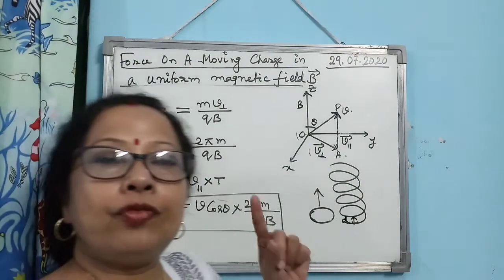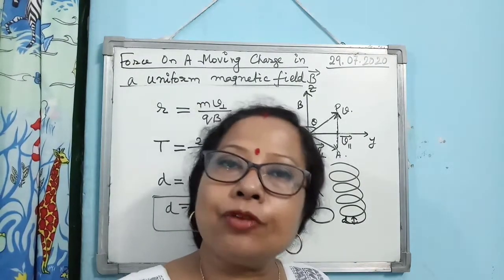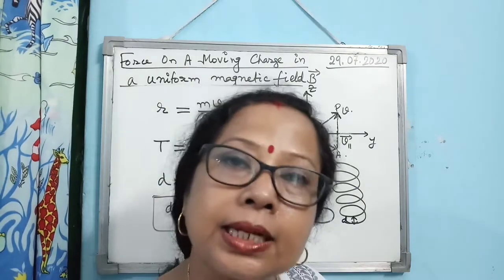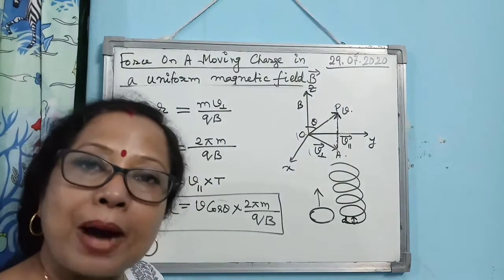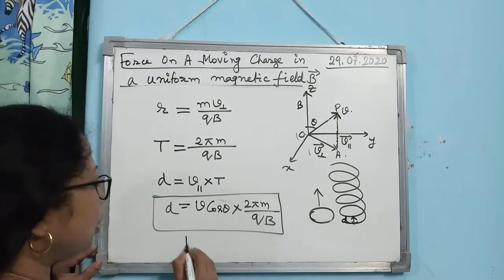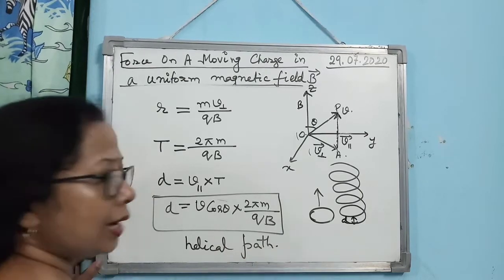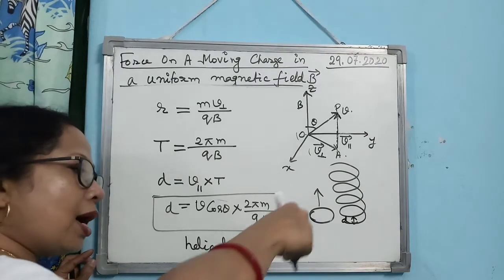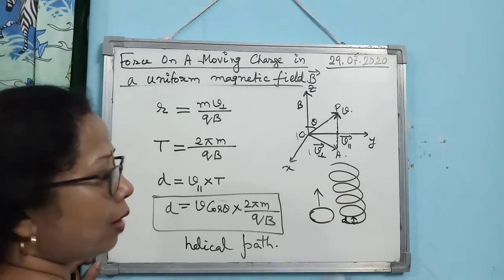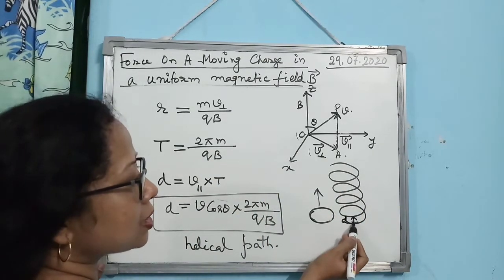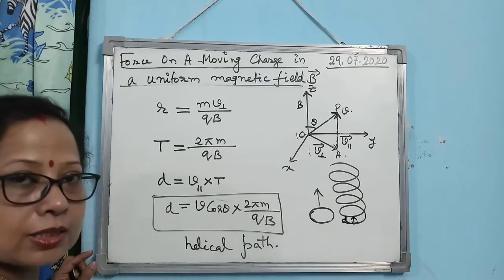So when a charged particle moves in a magnetic field making an angle theta with the magnetic field, what kind of path will it follow? It will follow a helical path, a circle moving up like this. And what is the distance between two consecutive turns?